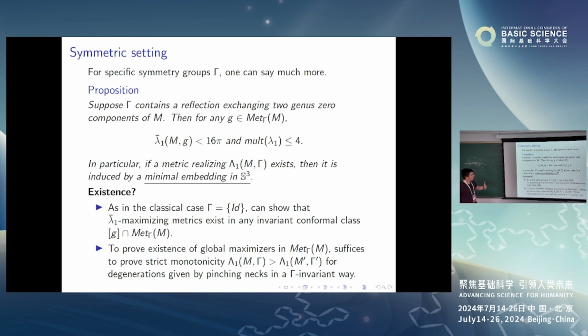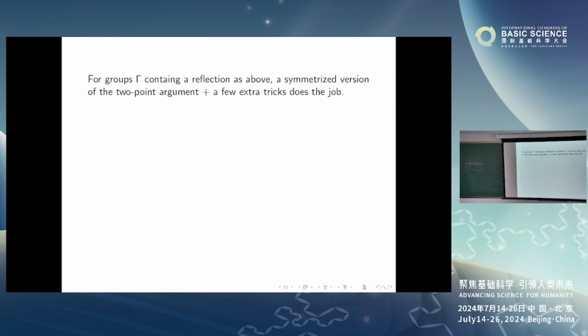And in this case, you get a criterion which looks a lot like the one Petrides has in the case of the trivial group, which basically says you want to have strict inequality under sort of equivariant or invariant neck pinches. So when you pinch off a neck in an invariant way, you want to show that you have strict inequality on those associated suprema. Okay. But fortunately, we can handle this via exactly this handle attaching trick I was just showing you.